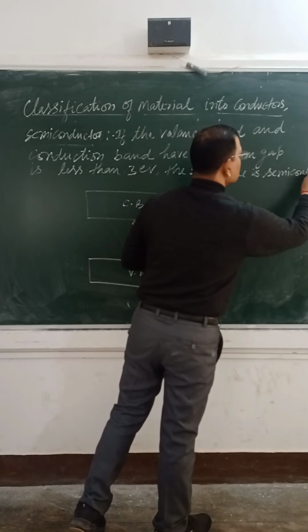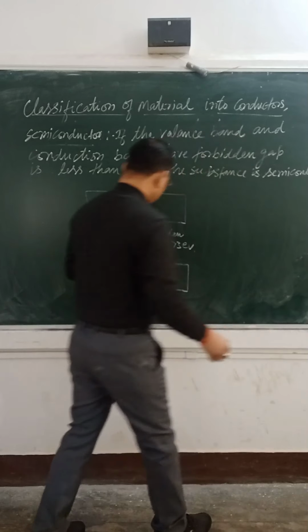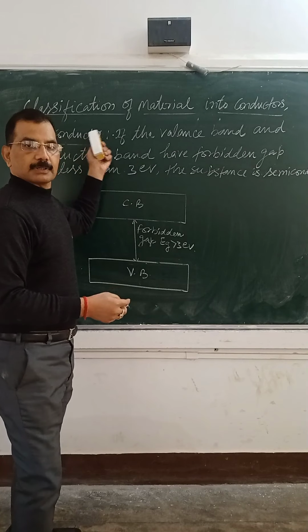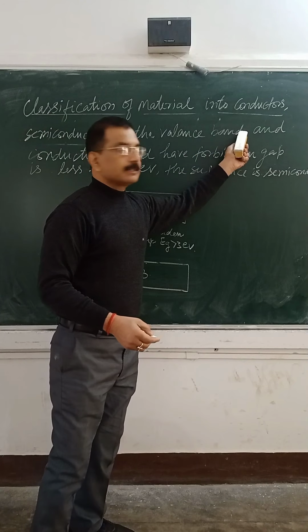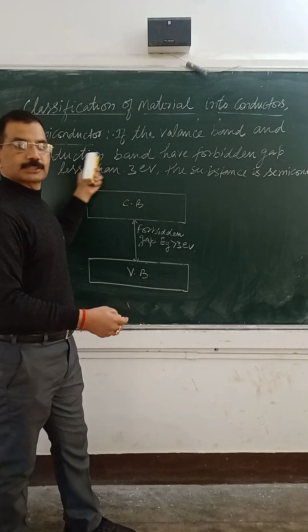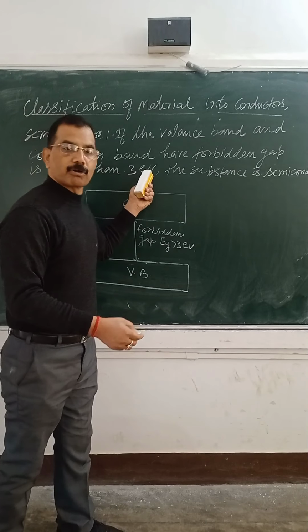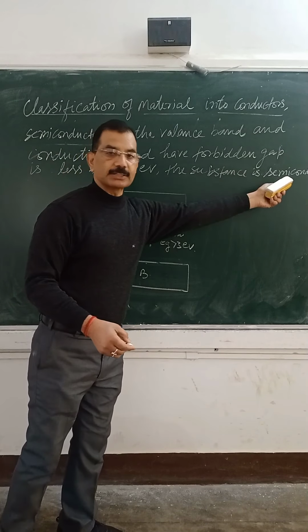It means in this case, if the valence band and conduction band have forbidden gap less than 3 electron volt, then the substance is semiconductor.